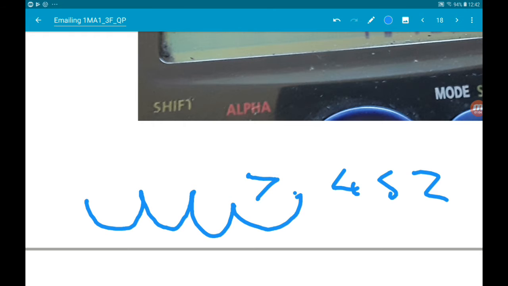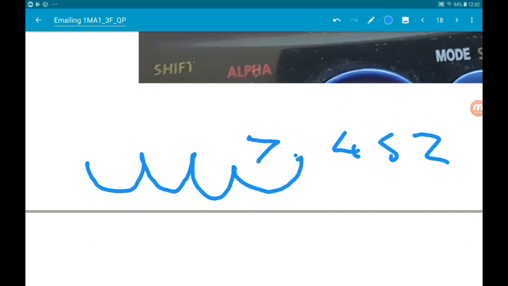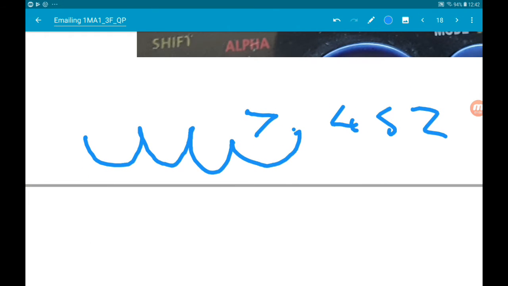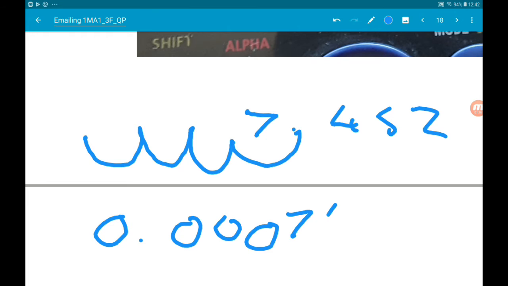So everywhere behind the 7, where there's a little round bit, you're going to need a 0. So it's going to be 0.0007452.